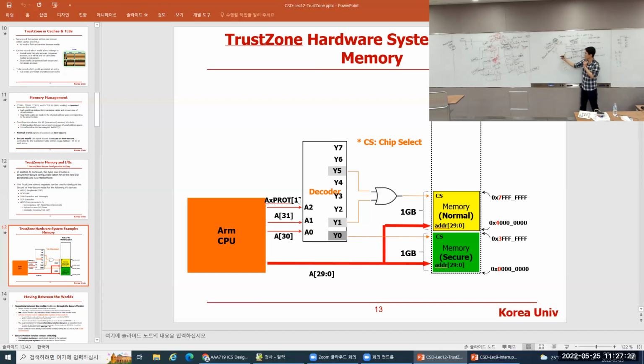If you execute the same instruction in the normal world, that line will be 1. Hardware, right? Hardware is designed that way. That is a protocol. AX protection is 0.